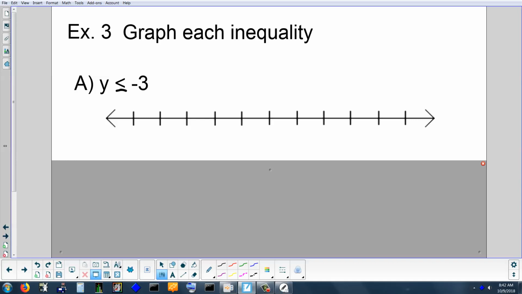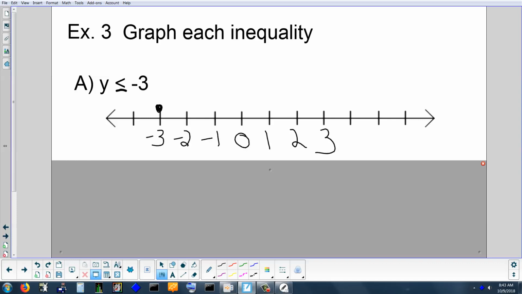Can somebody tell me? Closed circle. Closed where? Nowhere yet, because we don't have numbers. Let's add some numbers in there. Where am I going to put my closed circle, Jake? At -3. Good.